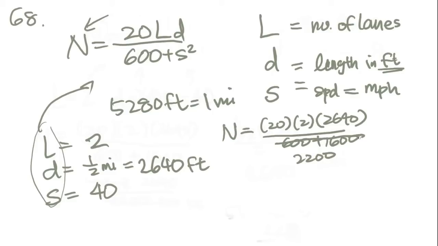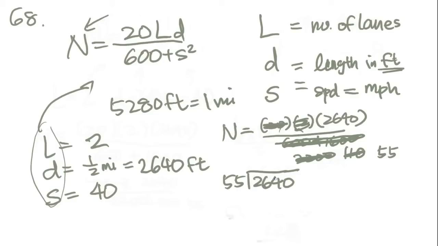So let's do that first. Okay. First thing I would do here is actually do some canceling. So 20 goes into 2200 110 times. Let's cancel that out. And 2 goes into 110 55 times. And then let's do some division.